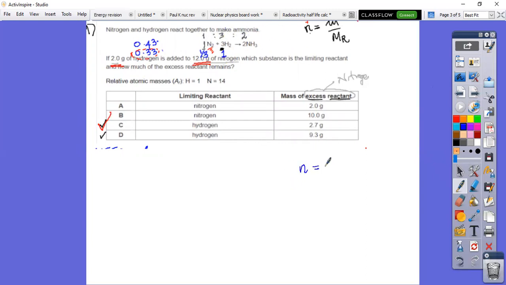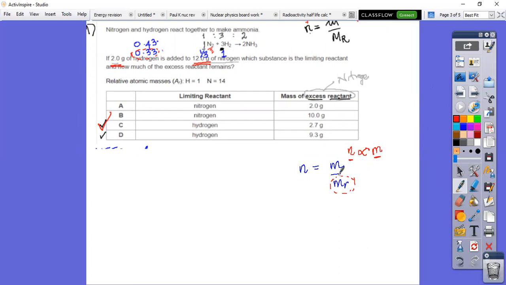Well, this formula here, n = m/Mr. What this is telling us is that Mr for any one particular substance is fixed, the molar mass. This tells us that n, bringing in some maths here, is directly proportional to mass. The number of moles is directly proportional to the mass.